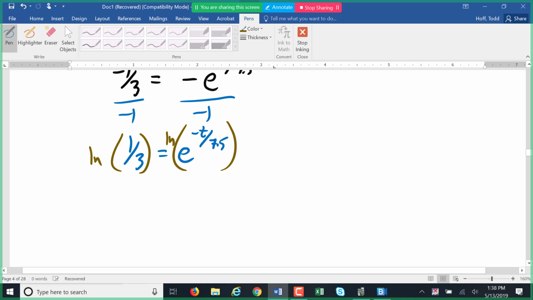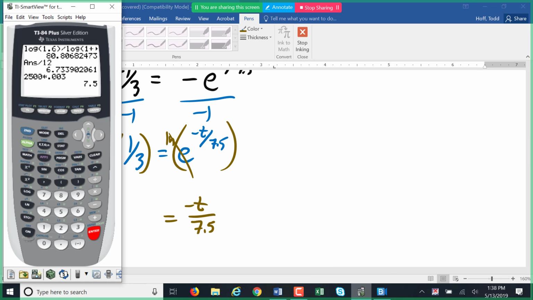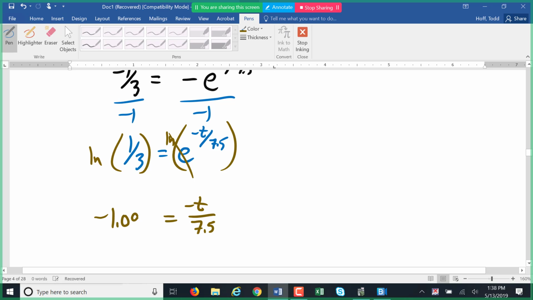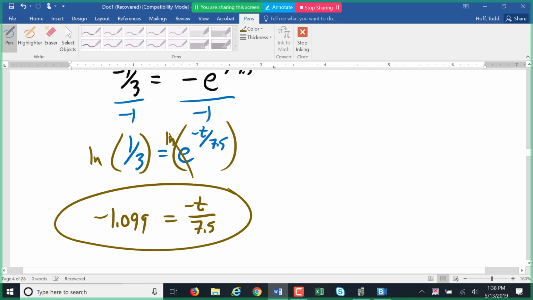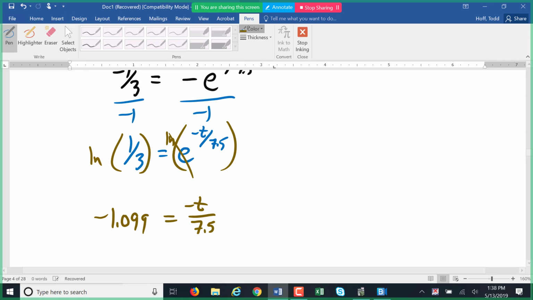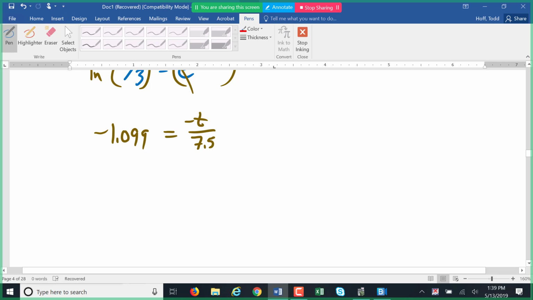ln is correct. Those are gone. So on the right side, we've got negative t over 7.5. On the left side, ln of 1/3, negative 1.099. Now what? Not 7.